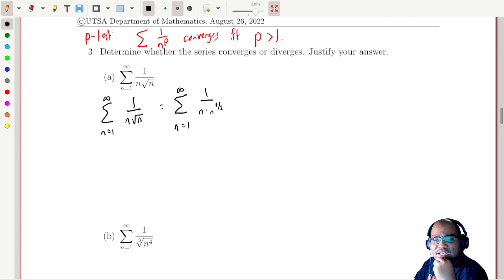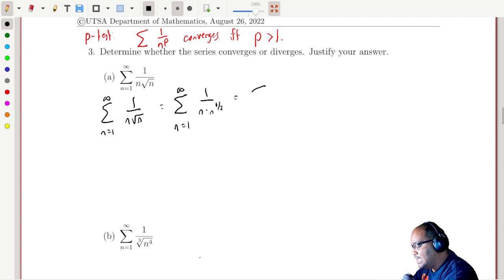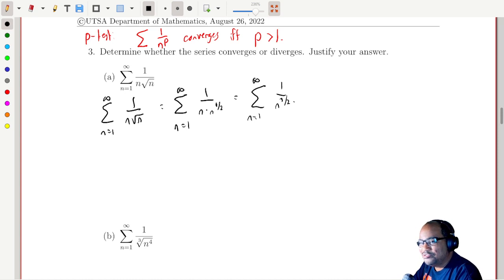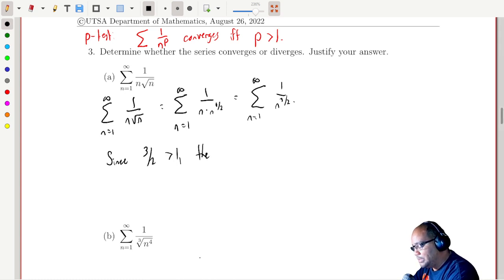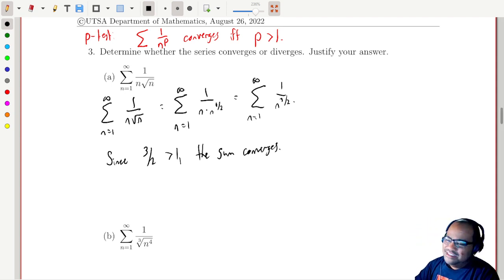How do I work with that? I add the exponents when I multiply. 1 plus a half is 3 over 2. And take a look, 3 over 2 is certainly bigger than 1. Since 3 over 2 is strictly bigger than 1, the sum converges. Powerful, isn't it? Just look at the dominating exponents and then boom, you got it.